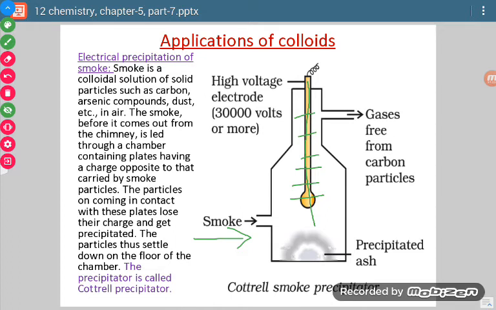Okay. Because of coagulation, they will fall down and we can collect them, and then whatever gases go out do not contain carbon. So carbon content can be removed from the smoke coming out from the chimneys in the factories. Okay. So this is a very important application of colloids.